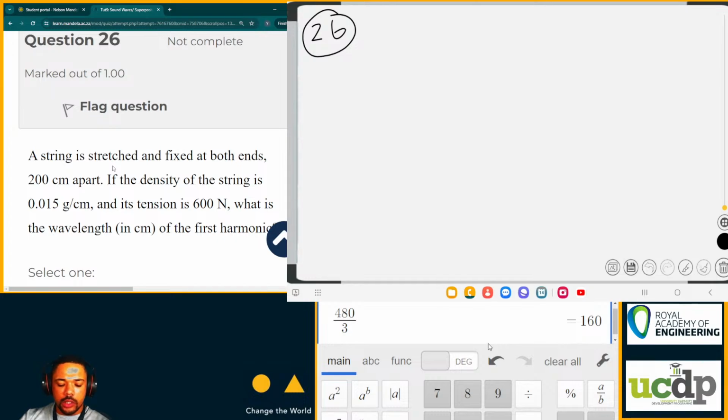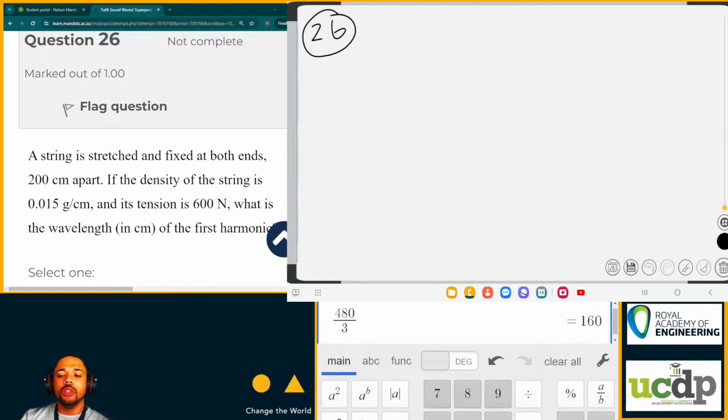Okay, so a string is stretched and fixed at both ends, that is 200 centimeters apart. Now, if the density of the string is 0.015 grams per centimeter and its tension is 600 newtons, what is its wavelength of the first harmonic?